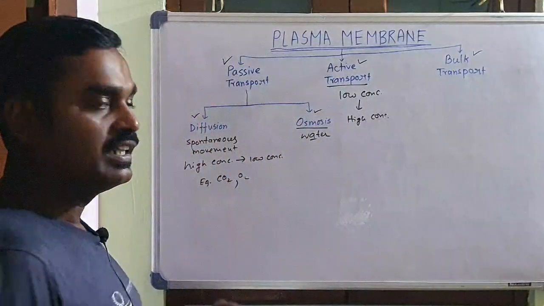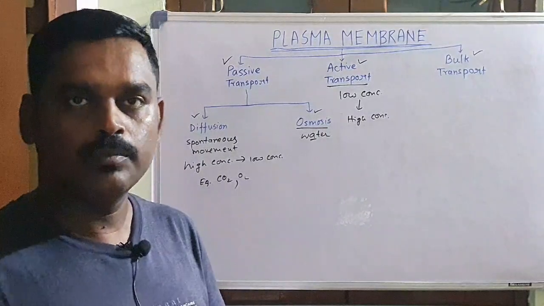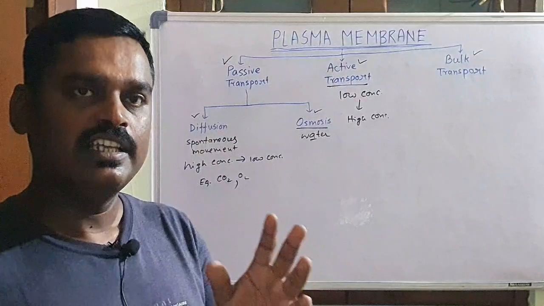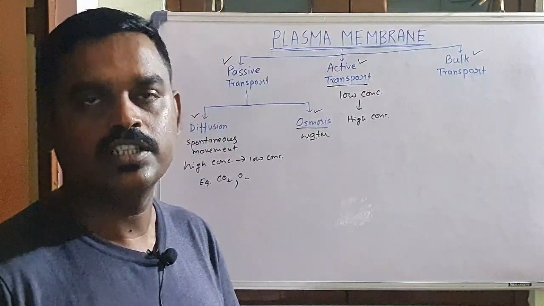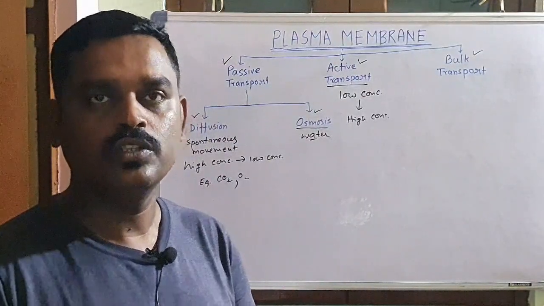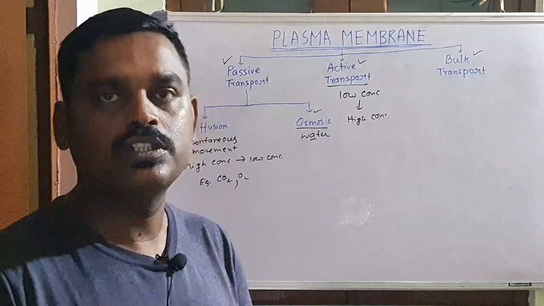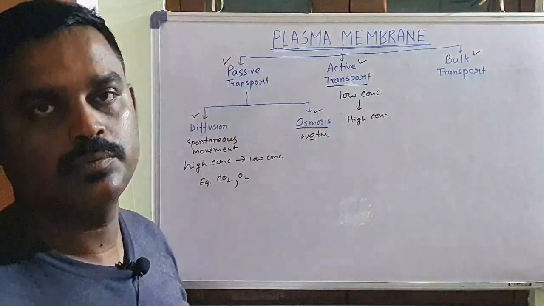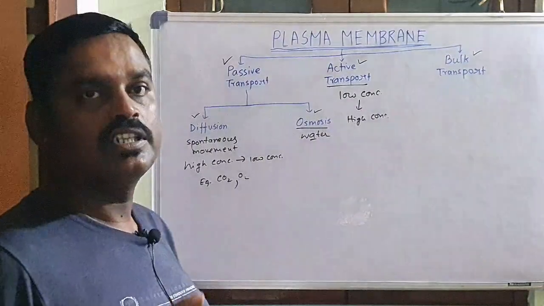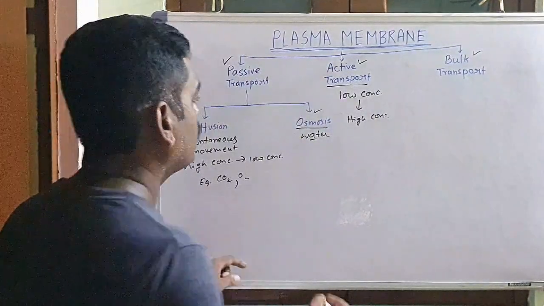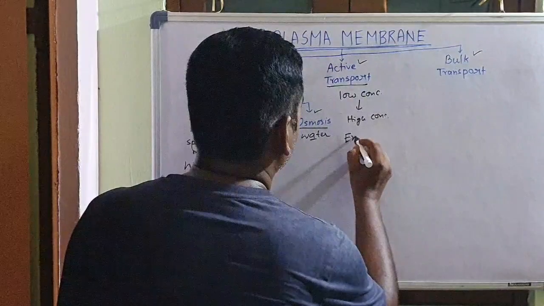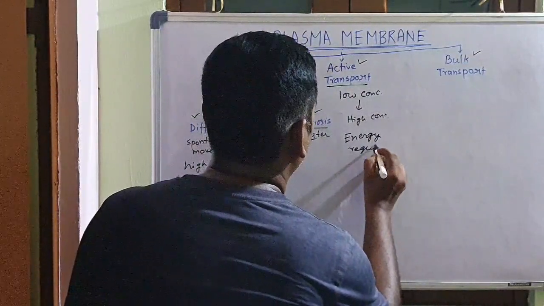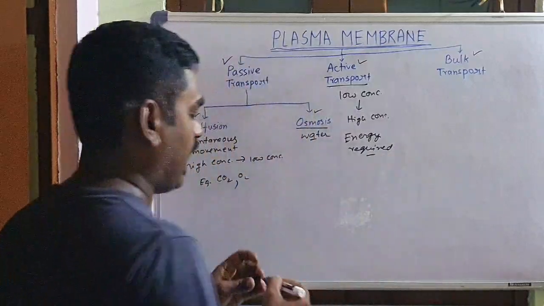So if we try to transfer a molecule from lower concentration to higher concentration, then in this type of transport energy is needed, because we need to push the molecule from lower to higher concentration. The most important thing to remember in active transport is that energy is always required.